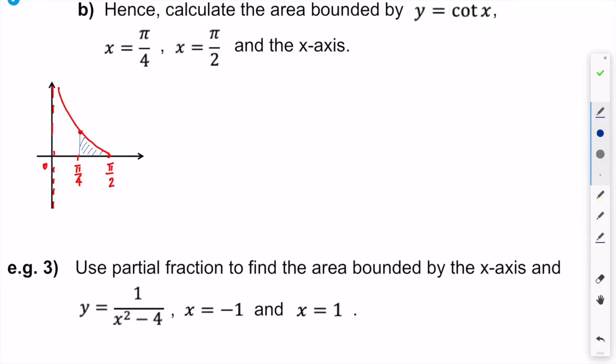We can directly apply the area formula, which is by taking the definite integral from pi over 4 to pi over 2 of cotangent x dx. Our result from part 1 tells us that the integral itself is this.